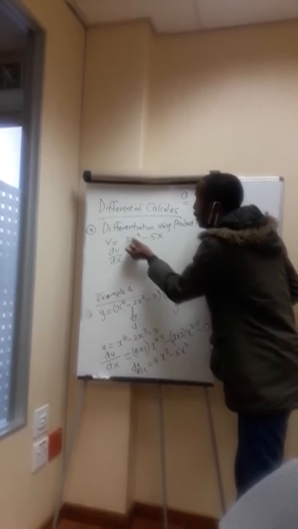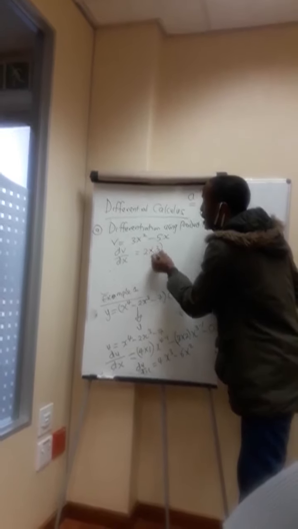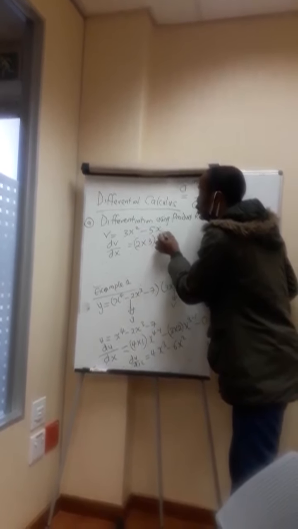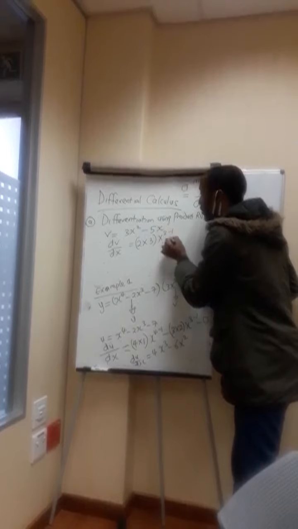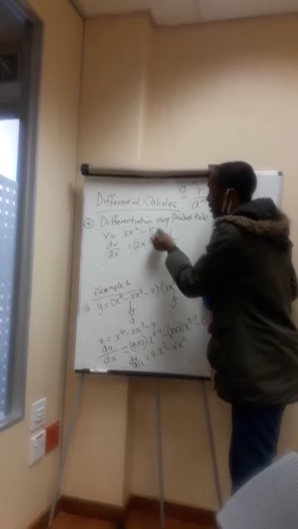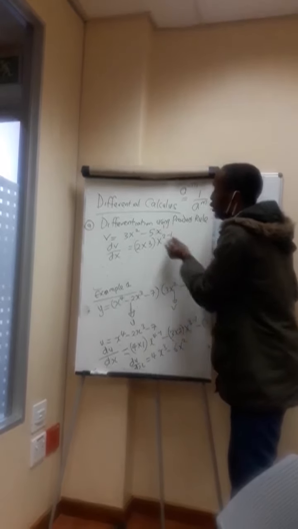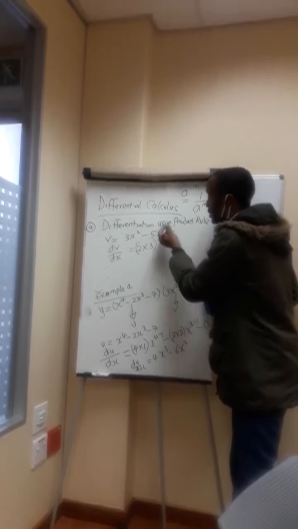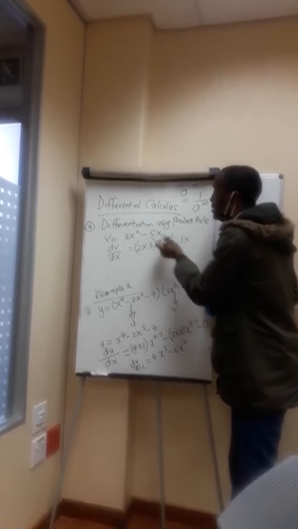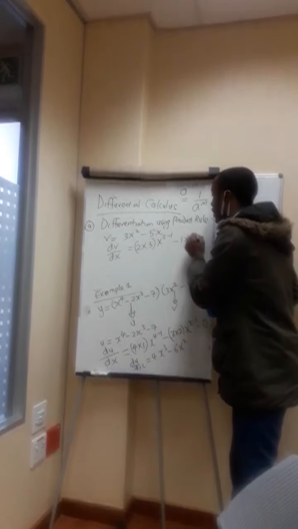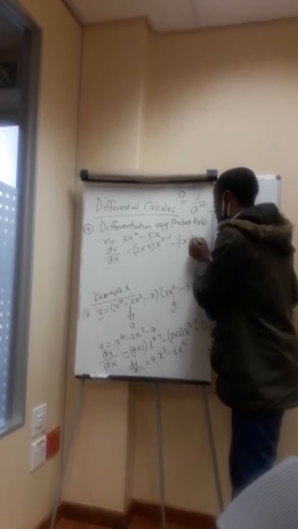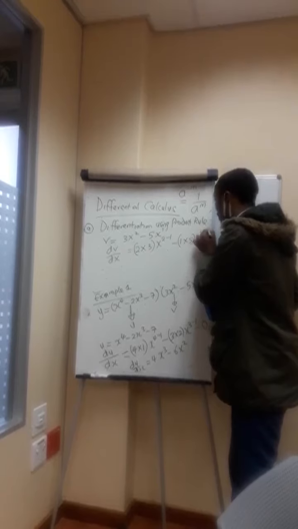Then I multiply with the coefficient of x squared, which is 3, then x raised to power 2, then I subtract 1 from it. Minus, if I differentiate 5x, that is 5x raised to power 1, so the power of x is 1. So that will give me 1 times the coefficient of x raised to power 1, which is 5, then x raised to power 1, then I subtract 1 from it.